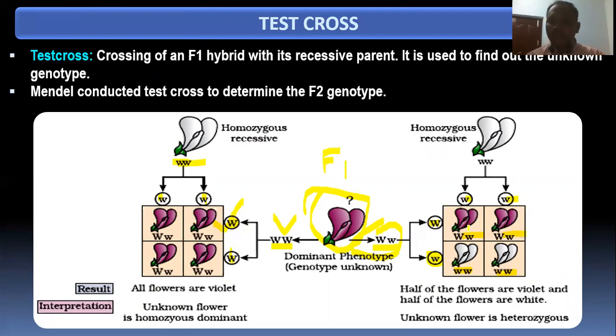So definitely we get 50% violet, 50% white only if the F1 hybrid genotype is heterozygous. So like this, for knowing the genotype of the F1 hybrid, we are performing this test cross. Be sure the test cross is nothing but crossing of F1 hybrid with its recessive parent.